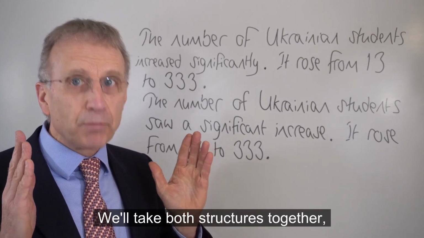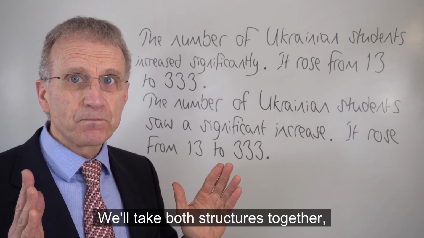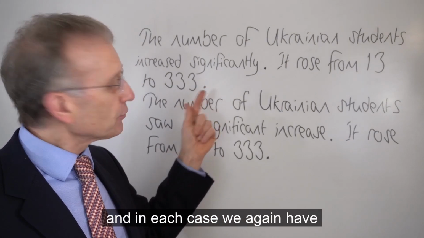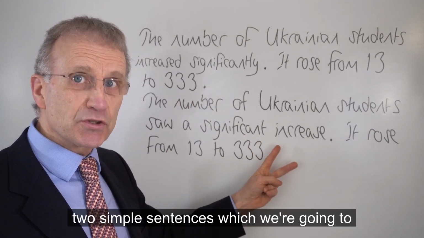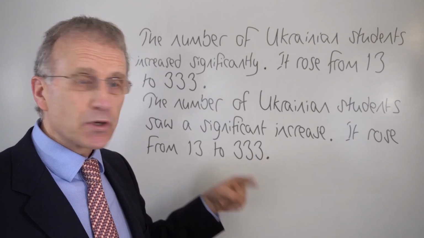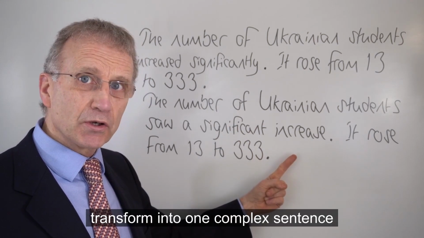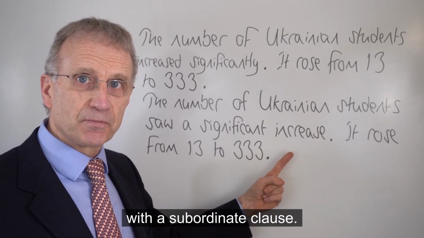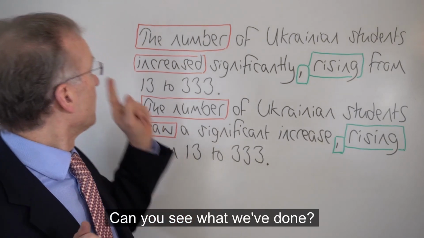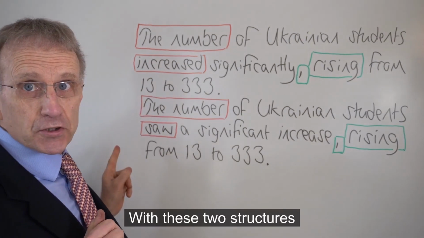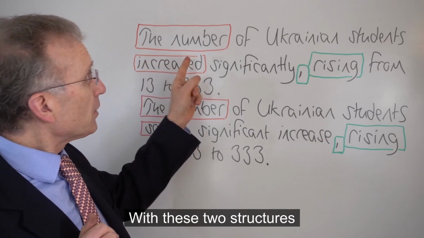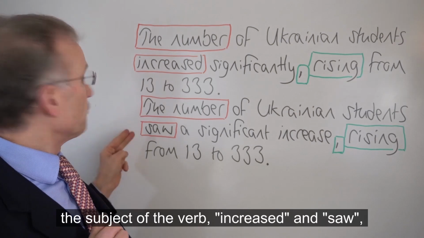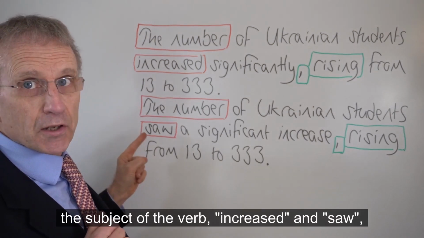We'll take both structures together, and in each case we again have two simple sentences which we're going to transform into one complex sentence with a subordinate clause. Can you see what we've done? With these two structures, the number of Ukrainian students is the subject of the verb increased and saw.